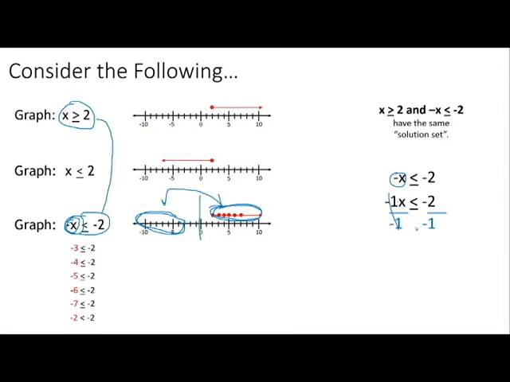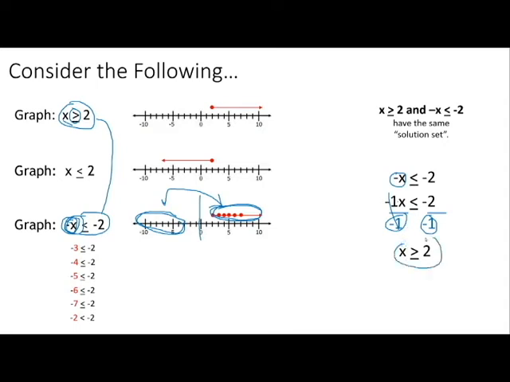But something really interesting happens here. If I divide by this negative 1 in an inequality, I'm changing from this form down here into this form up here. I'm getting rid of the negative sign. So when I do that, my inequality sign has to flip as well, giving us an answer of x is greater than or equal to positive 2.